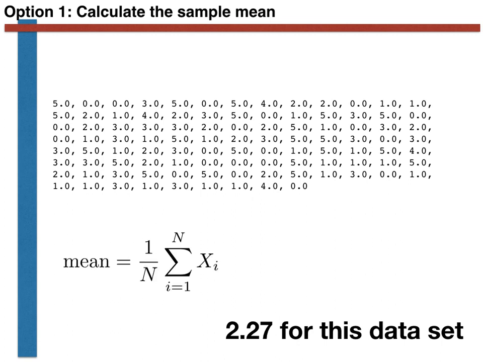We express this procedure of calculating the mean mathematically using the expression shown here. The xi values in the expression that we are summing together are the results from our experiments. x1 is thus the result from the first experiment. x2 is the result from the second experiment. x6 is the result from the sixth experiment. x13 is the result from the 13th experiment. xn minus 1 is the result from the penultimate experiment, and xn is obviously the result from the final experiment that we performed.